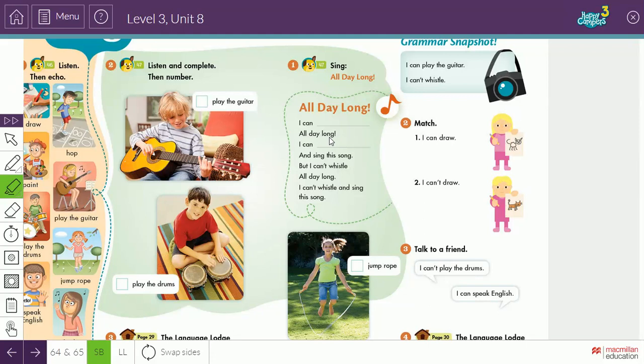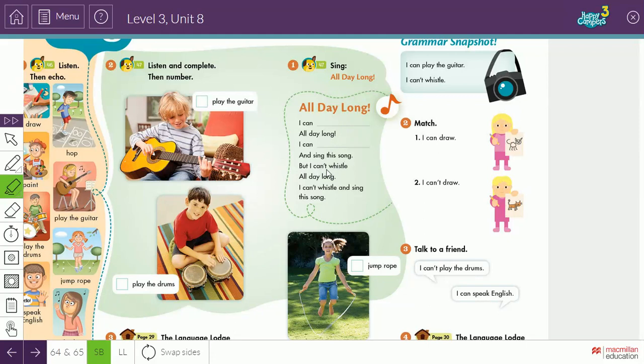So all day long means all the day, during the day, from 6 a.m. to 6 p.m., all the day long. I can complete this blank here and sing this song. Sing, you know, la la la la la. So this is a song.